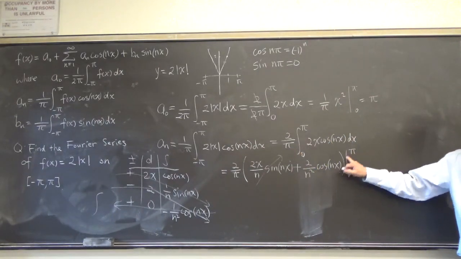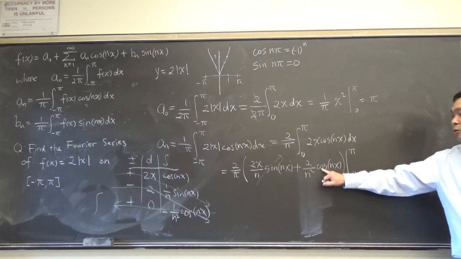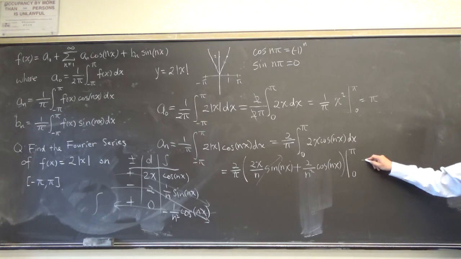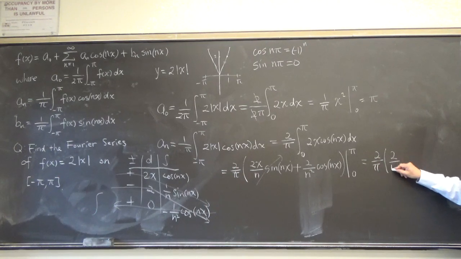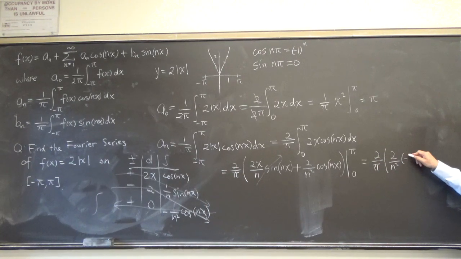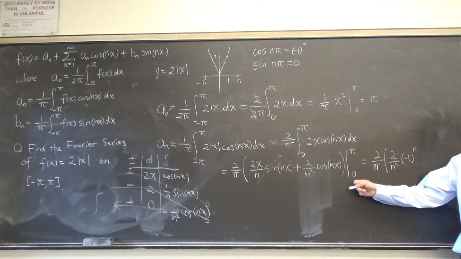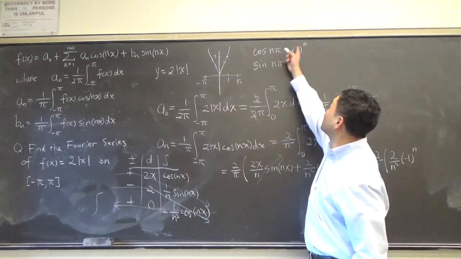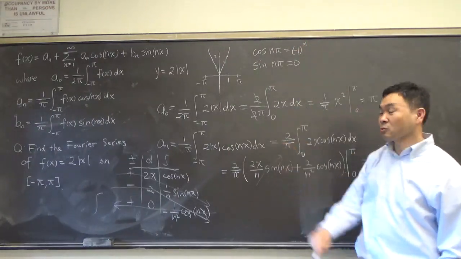On the other hand, when pi goes in here, you get cosine n pi, which is negative 1 to the nth power, right? So you have 2 over pi, 2 over n squared, negative 1 to the nth power. And then when 0 goes in, what's cosine 0? 1. Or you can also plug in 0 here, that's negative 1 to the 0 power, which is 1, right?